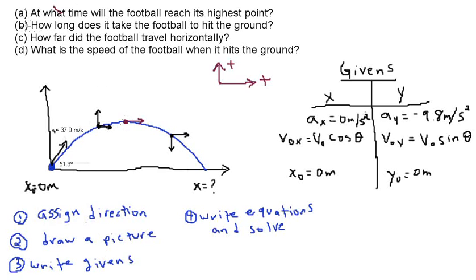Now for problem B, it says how long does it take the football to hit the ground? So in other words, how long does it take to go all the way? Now I already told you about symmetry. This problem is symmetrical, so if you know that it takes 3.02 seconds to go half the distance, then to go all the way, you know it's going to take 6.04 seconds.